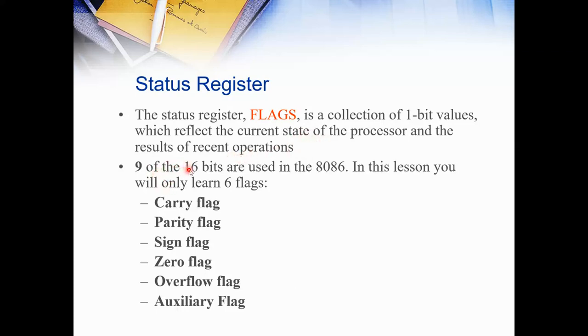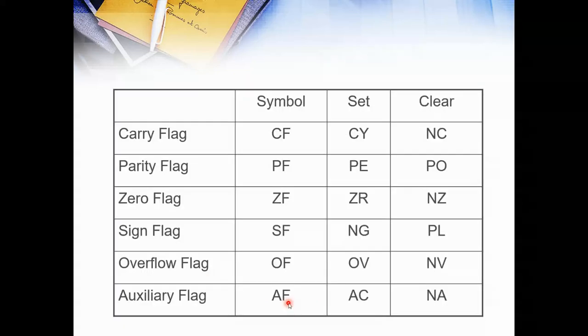So out of 16 bits tu, 9 of the bits in the 8086 are being used for the 6 flags. This is what you will learn later on as you go along with the instructions. So there is a carry flag, parity flag, zero flag, sign flag, overflow flag, and auxiliary flag.